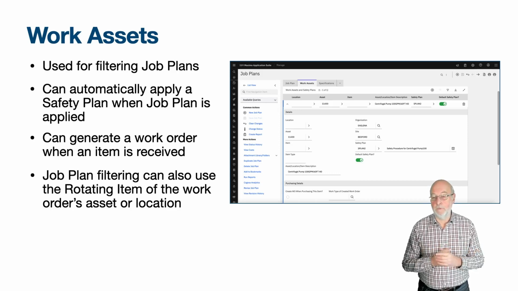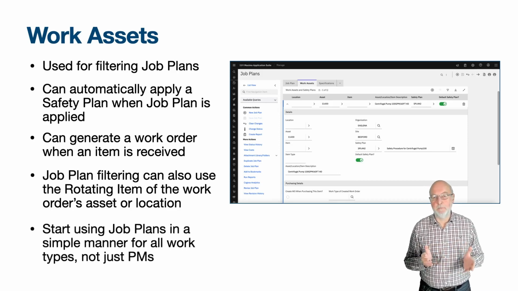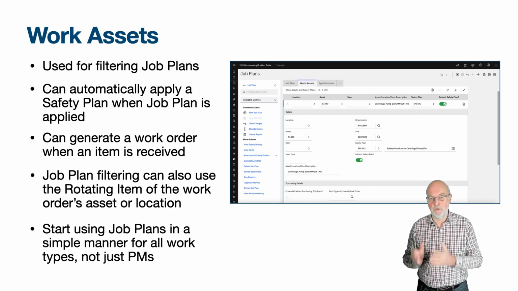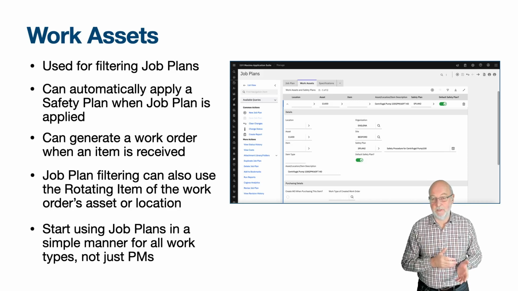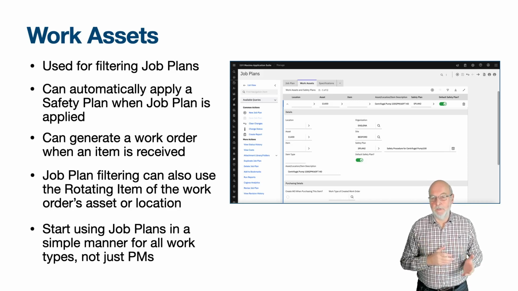A couple of final notes. The number of fields on the job plan application can be a bit intimidating, but you just need a job plan code and description to get started. If you are recording actual hours and materials on the work orders, then you are building a history that can later be used to update the job plan with more details.